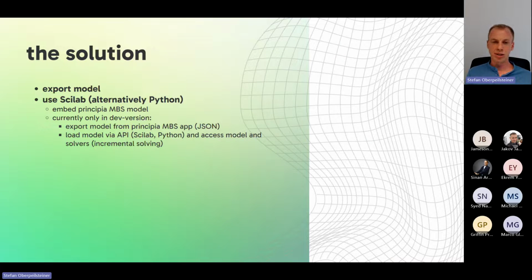So we have both APIs. And in this case, I used Scilab to implement the controller itself and to embed this model of the robot into this control loop. So export it. In this case, it's a JSON export, and then load this model via our application programming interface, so the API, and access the model there.